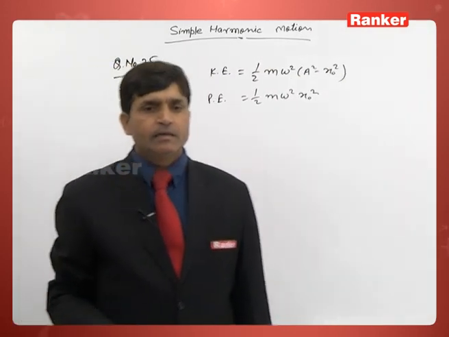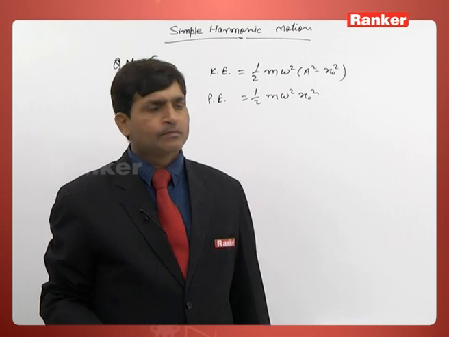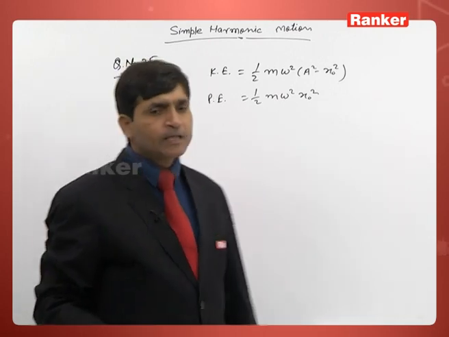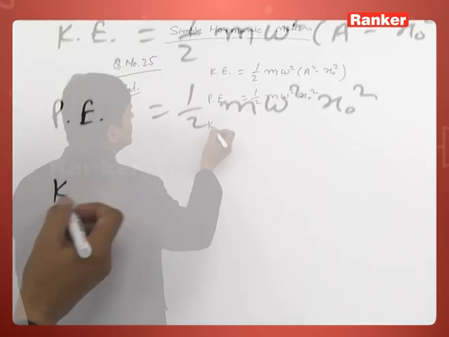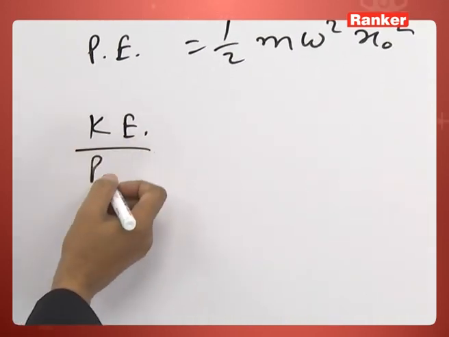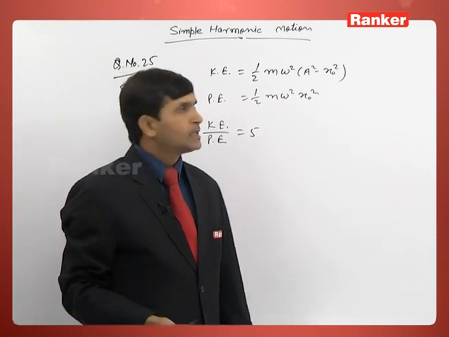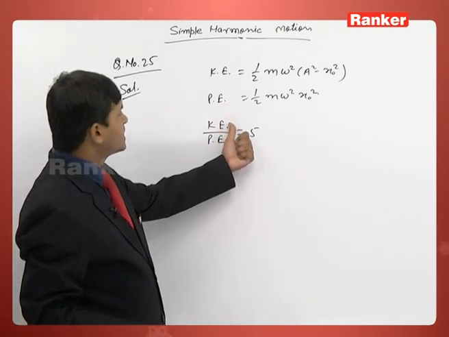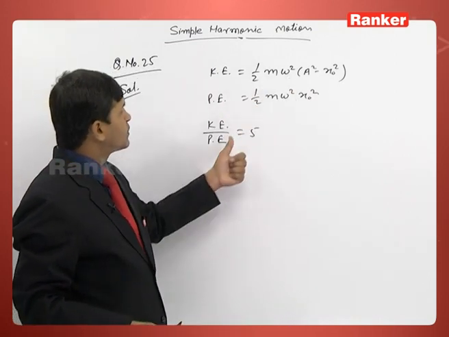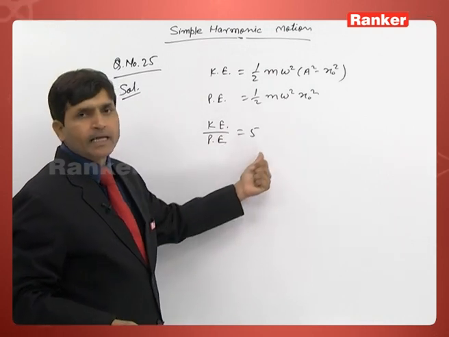As per the given question, the ratio of kinetic energy to potential energy is 5. Substitute the value of kinetic energy and potential energy and equate to 5.